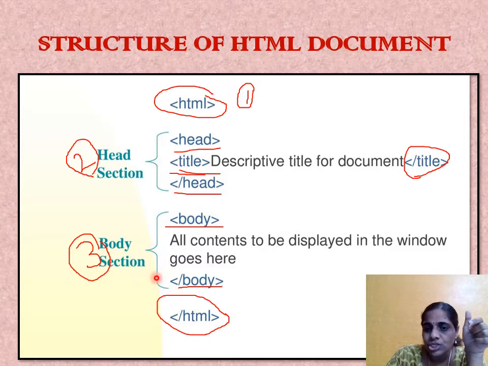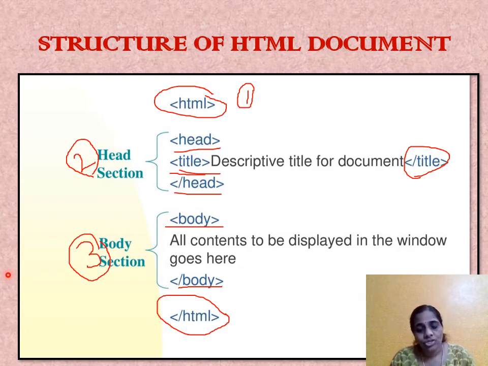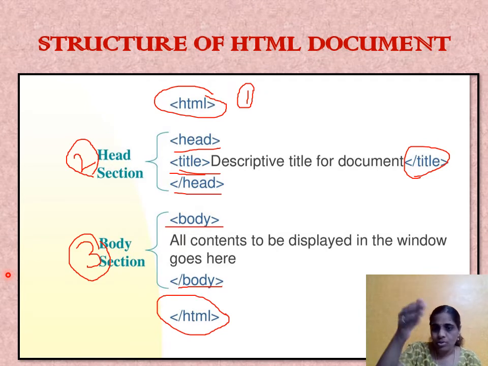And the body section has open body and close body. Inside this body, you will give what your font is, what the background color is, what image you are going to add, what paragraph you are going to write. Everything you can give inside the body section. All the contents to be displayed in the window go here.